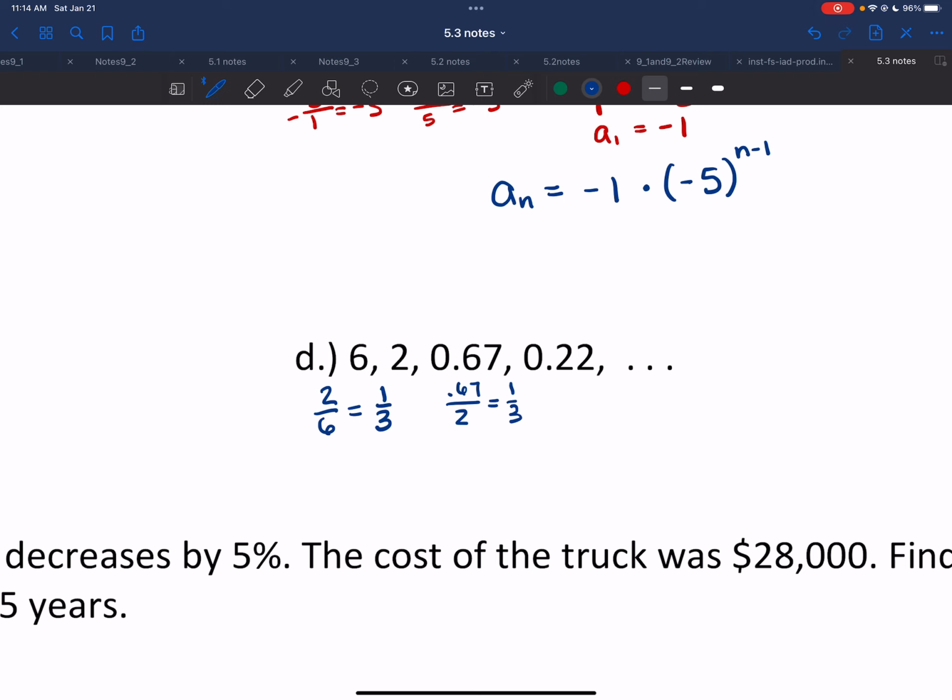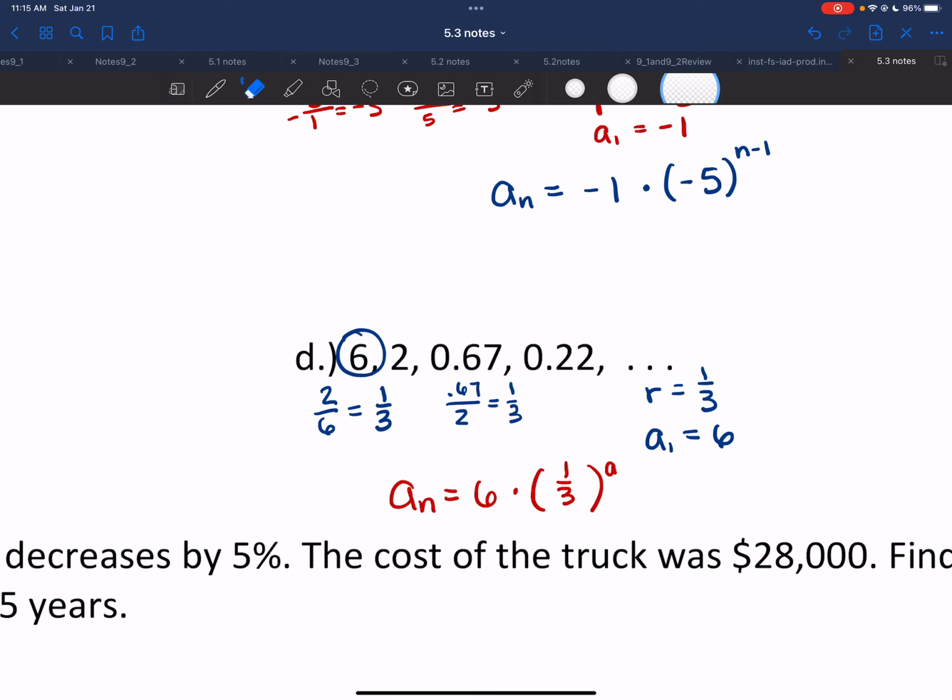And likewise 0.22 over 0.66. So my ratio is equal to 1/3, and my first term, a1, is the value of 6. So my equation is going to be a_n equals a1, which is 6, times 1/3 to the n minus 1.